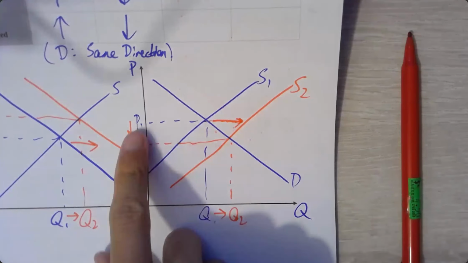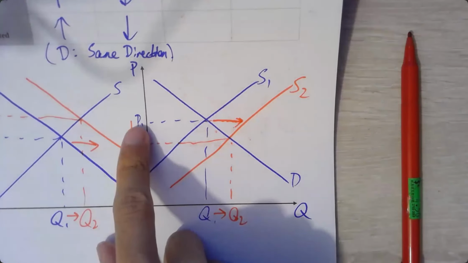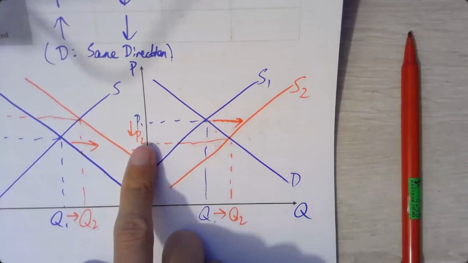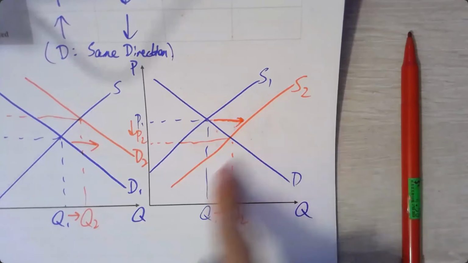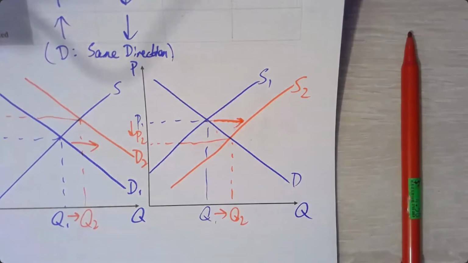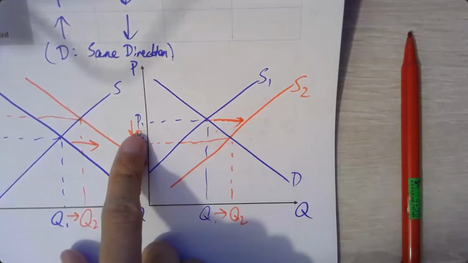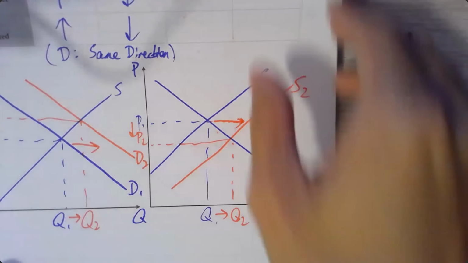Therefore, the price of masks was really high. But nowadays we have a lot of surplus masks，多到有突添啊，而家要清貨大減價啦。So you see the price would go down.